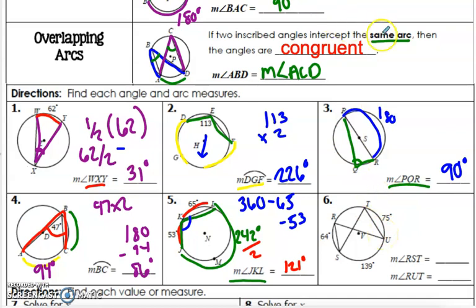And then lastly, this one looks a little bit different because we have lots of inscribed angles. Looks like 2 triangles, which probably is going to deal with overlapping arcs. So it wants me to find the measure of RST. So RST is this angle S. So to figure that angle, I first need to find the arc RT.